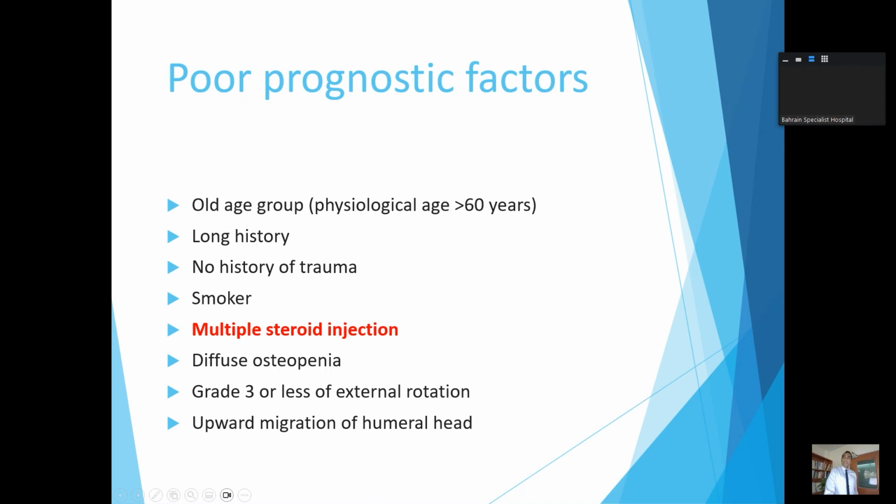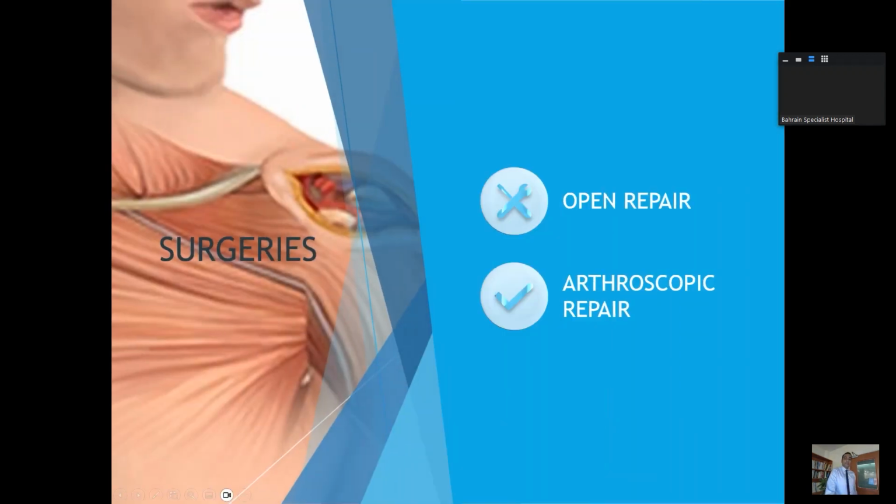Multiple steroid injections can have a poor prognosis even on operative repair because of the degeneration and atrophy of the muscles. Diffuse osteopenia, grade 3 or less external rotation, and upward migration of the humeral head are also poor prognostic factors. So these should be explained to the patient before the surgery.